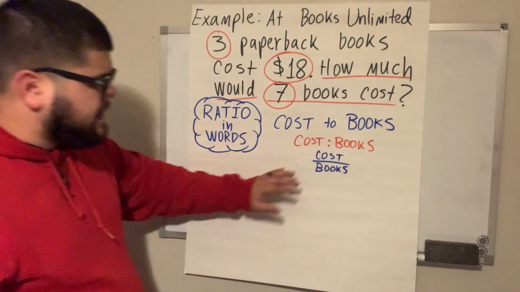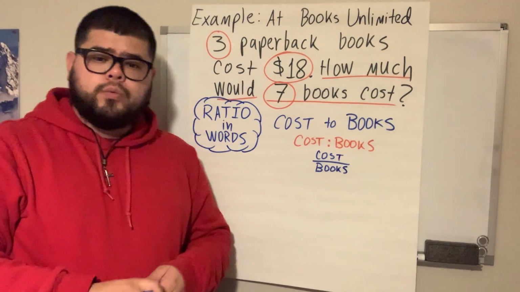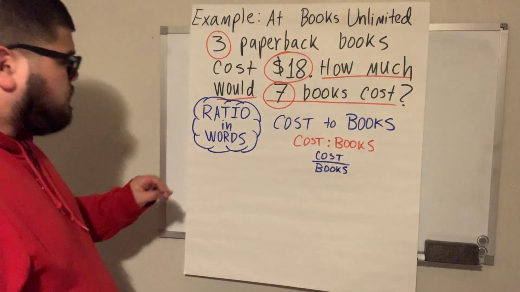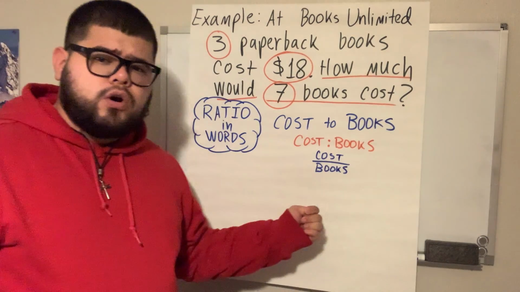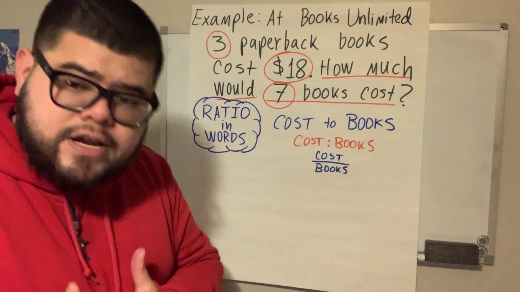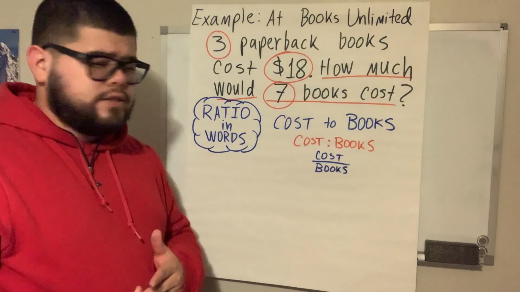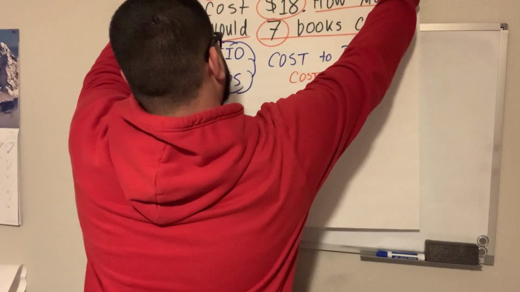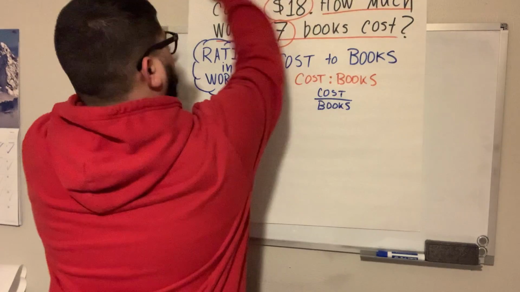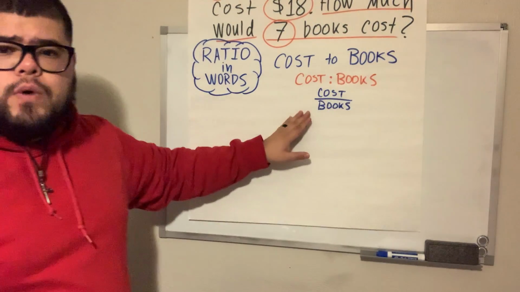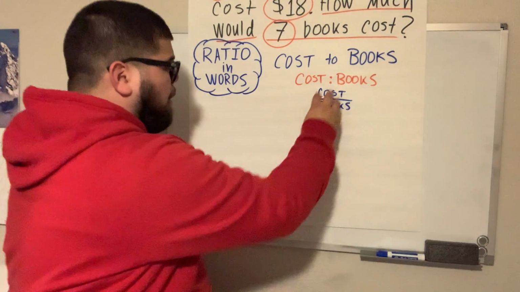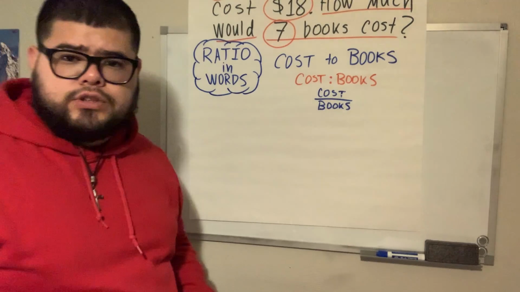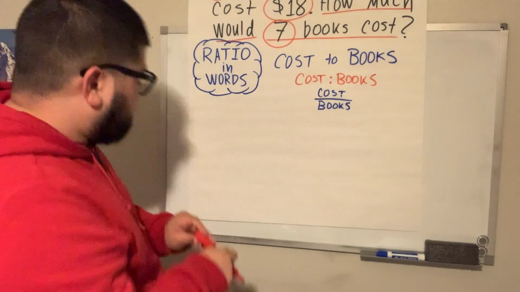So there is our ratio in words. Now, after we create our ratio in words, we have to create our proportion in words. All you have to do for that is copy and paste it on both sides of the equal sign. So here's our proportion in words.